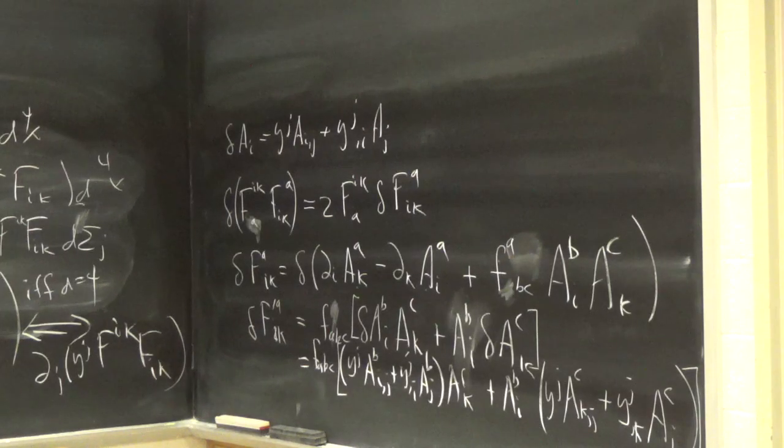Remember the structure constants for a compact group are totally antisymmetric and real.